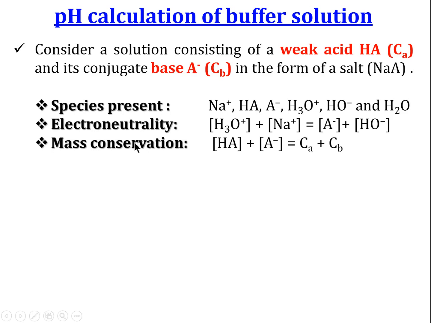Third, the principle of conservation of species. We know that HA of initial concentration will dissociate to A-, and A- will dissociate to HA. So in the final solution, we have the mass conservation: the HA concentration in the solution plus the A- concentration in the solution is equal to Ca plus Cb.